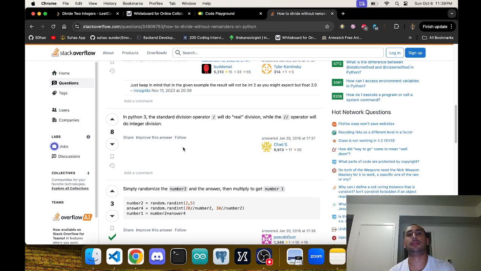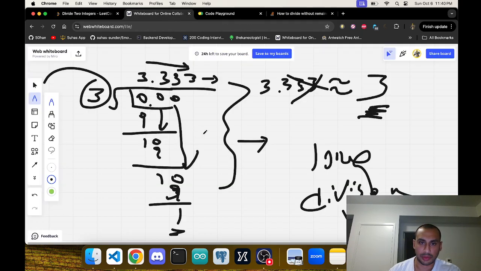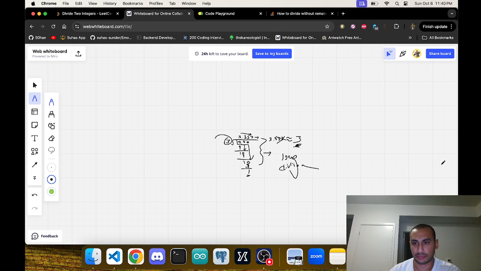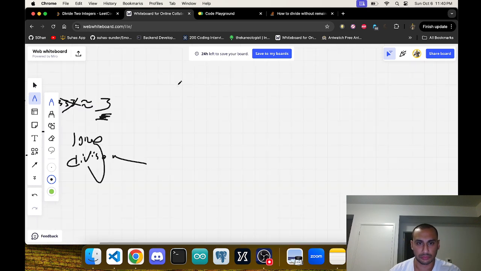It will be 1, 2, 3. For example, let's take 10 and 3, and try to do it on the whiteboard. I want to create some sort of pseudocode. So 3 can fit into 10 3 times. It would be a while loop.